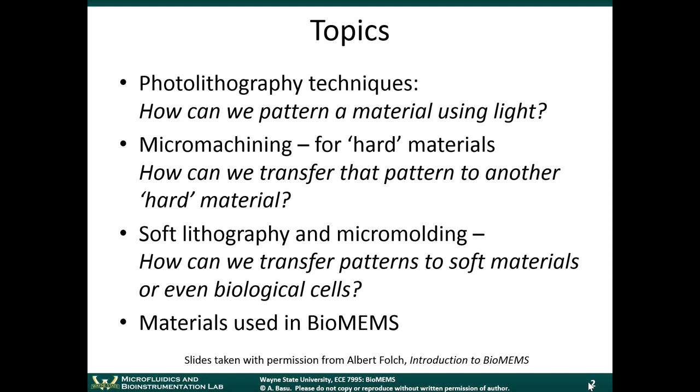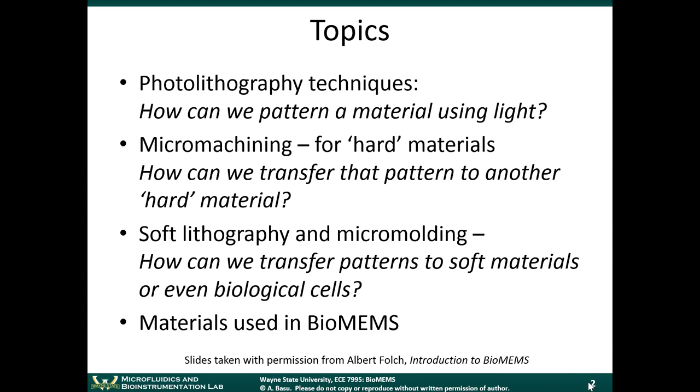The next part is going to be about soft lithography and micromolding. In a lot of BioMEMS devices, instead of using the traditional hard materials like silicon and glass, we use softer materials like polydimethylsiloxane, or PDMS. That's probably the most popular material used in microfluidics research.